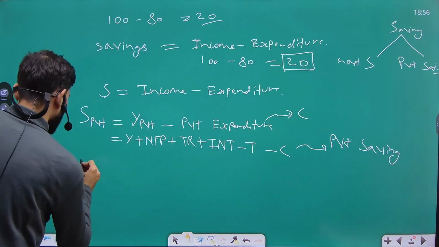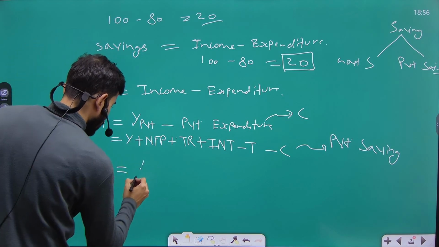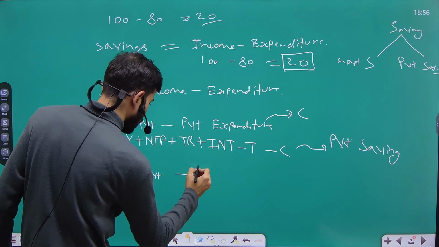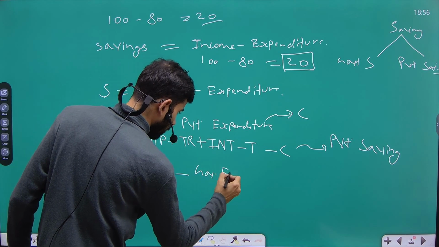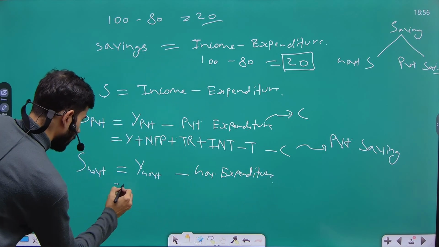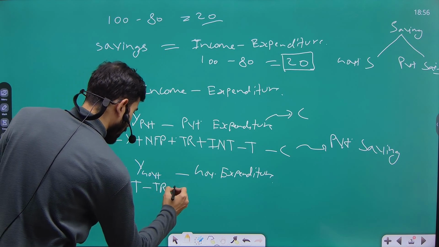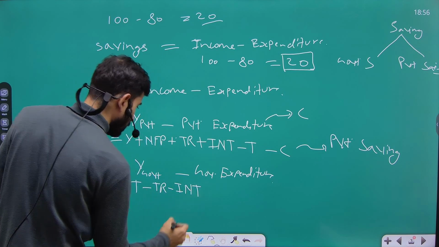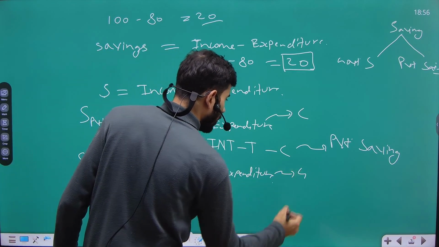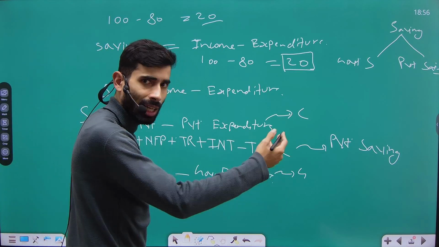In terms of government saving, we have to subtract government expenditure from government income. So government income was taxes minus transfers minus interest payment, and government expenditure is nothing but exactly G, that is government expenditure, that we used to consider in calculating GDP using the expenditure method.